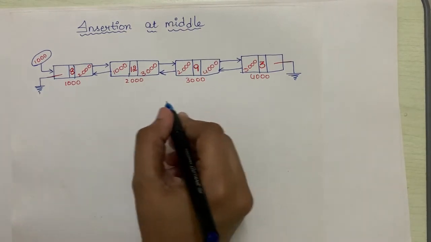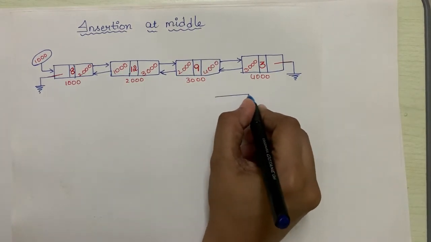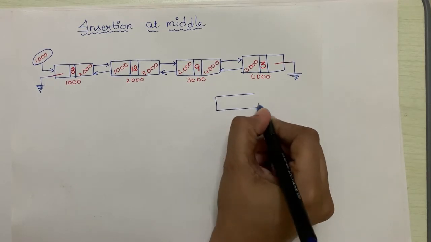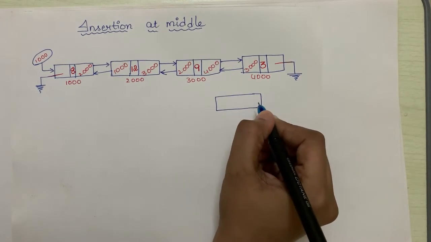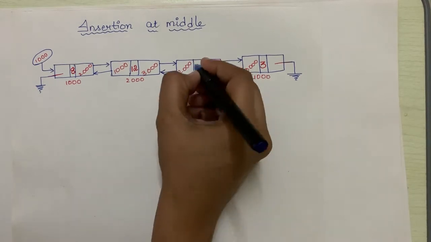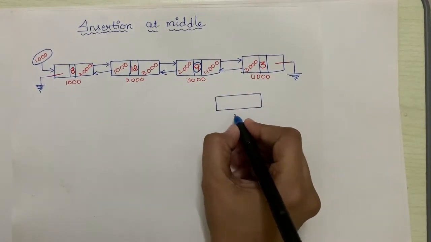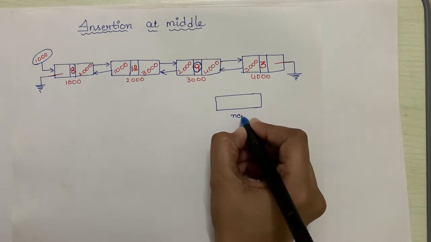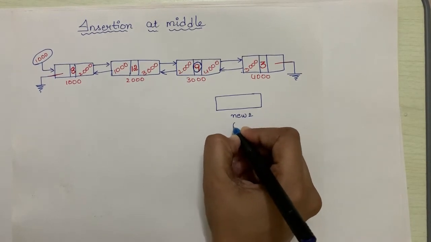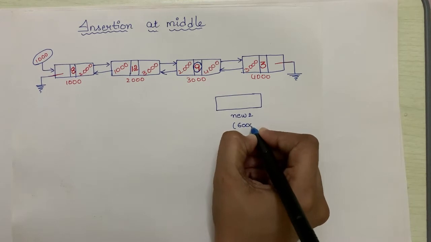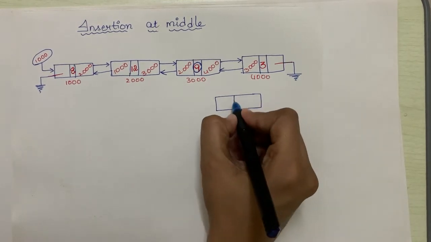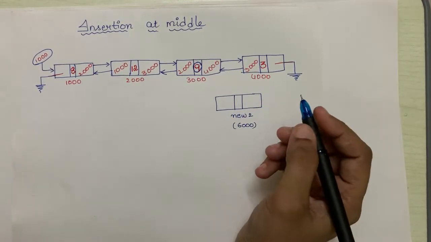Suppose I want to insert after 9. Now what I am saying, I want to insert a new node after 9. So remember this. The name of new node is some new to. Address is some 6000. 3 fields for new node.